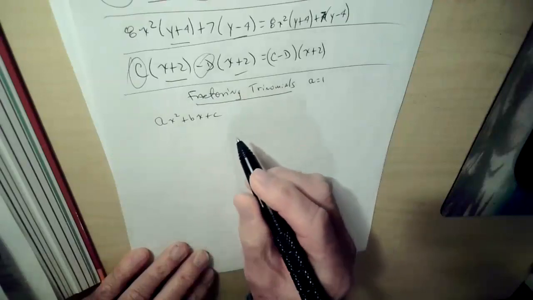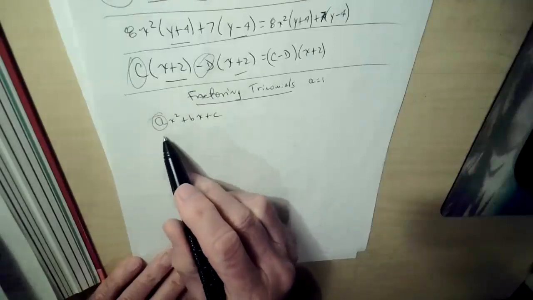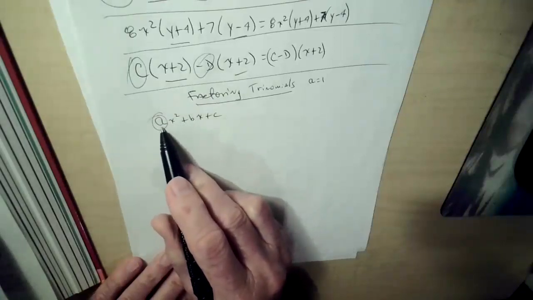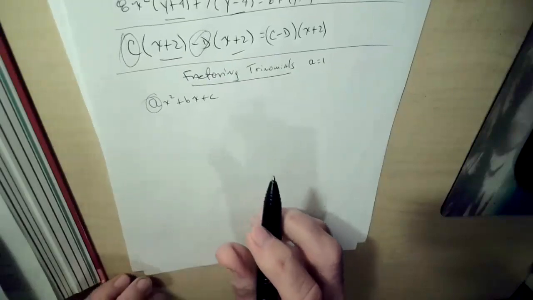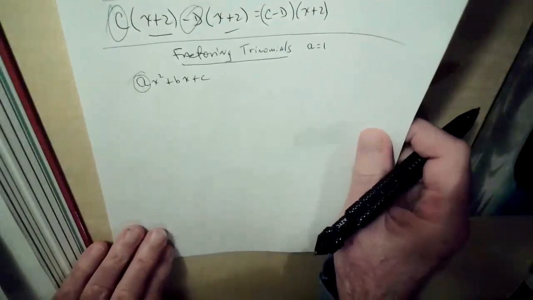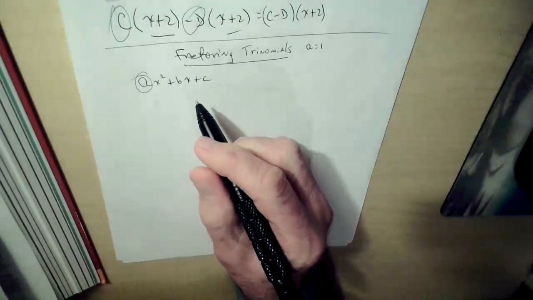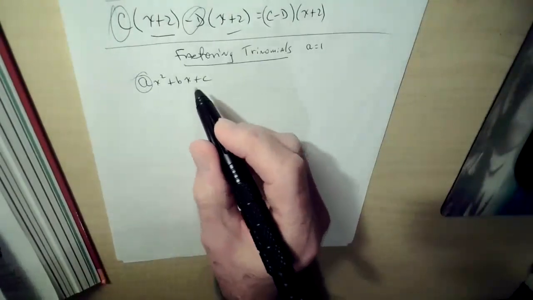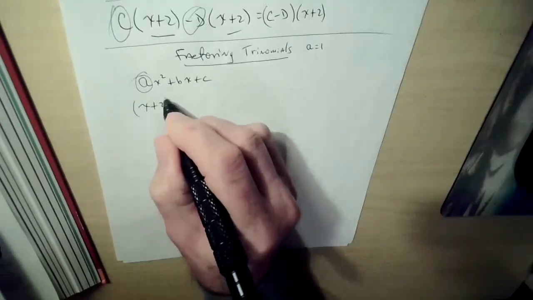Trinomials are typically in the form ax squared plus bx plus c. Okay, and when A, this number, is 1, this is the procedure that we use.